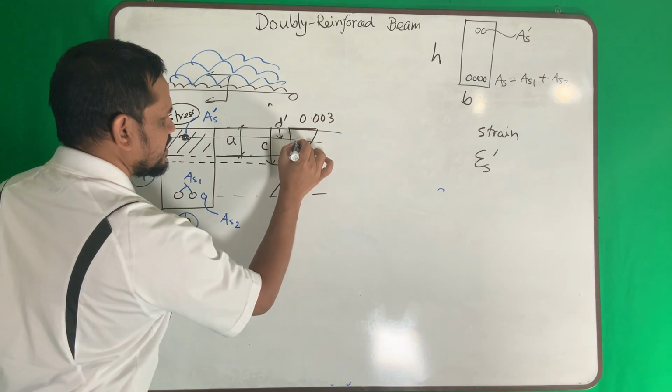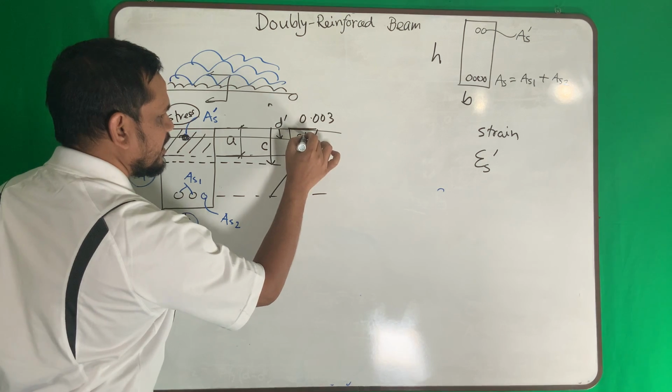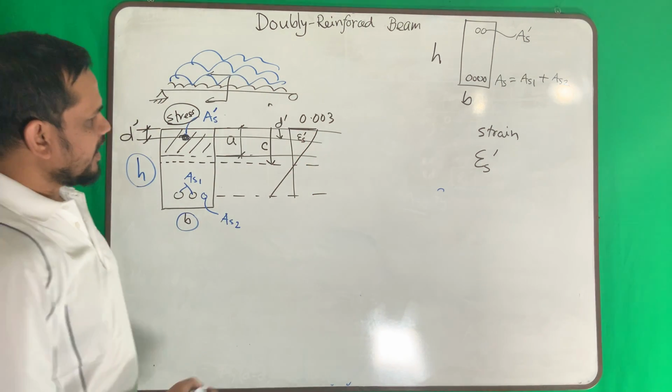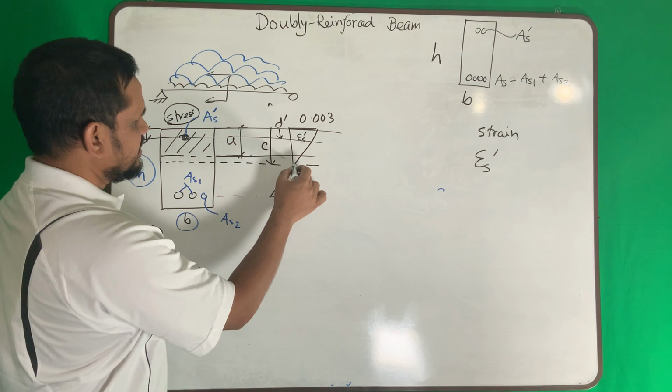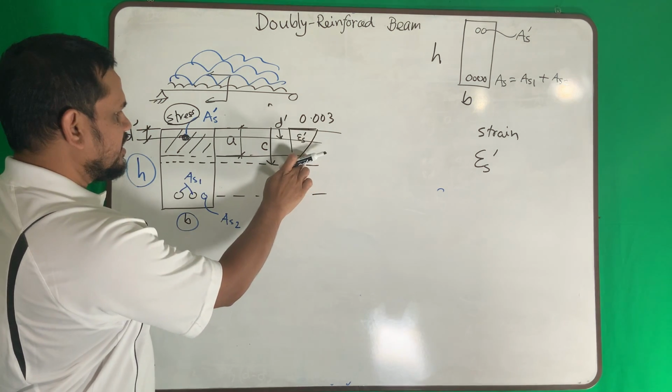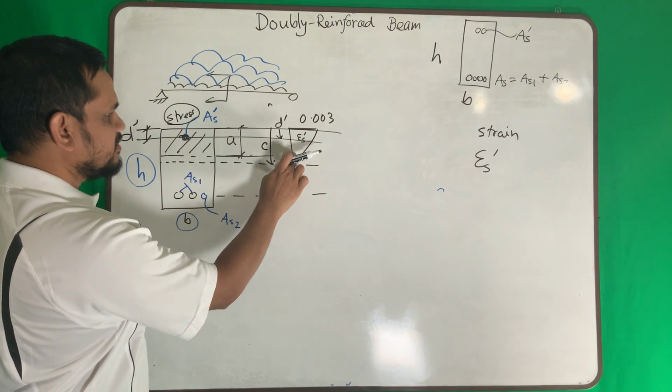I am looking for the strain here, epsilon S. How to find this? Just take similar triangles. I do not need A, so delete this to make it simple.